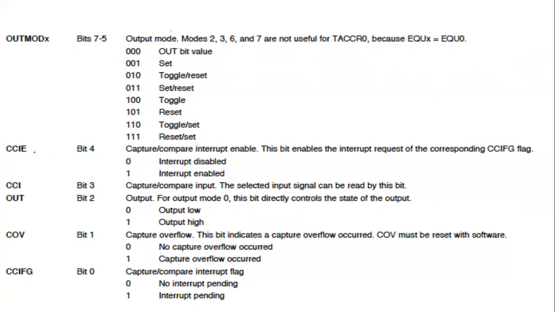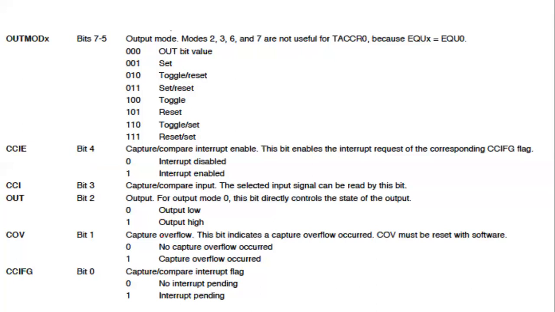And CCIE, IE means interrupt enable. Interrupts are accepted or not. If 0, not accepting. If 1, interrupts are accepted. CCI is capture compare input. Then out means that bit is used for either low or high, that means low voltage or high voltage. Then COV is capture overflow.